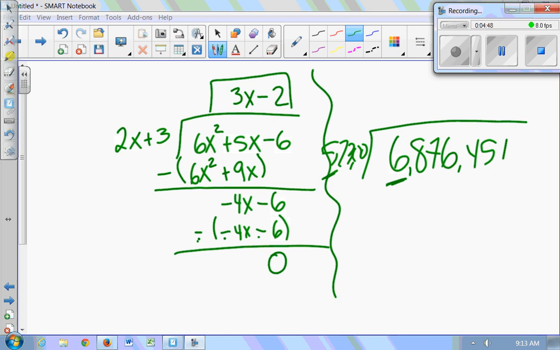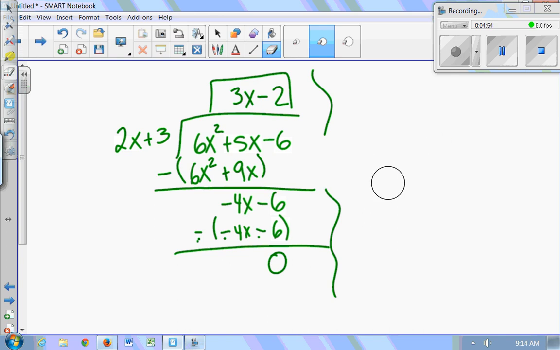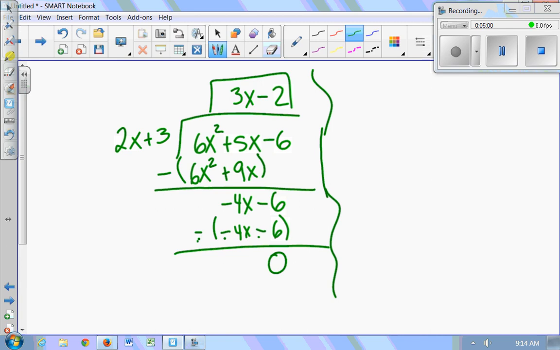So you just start with the leading place value. And in this case, with polynomials, you start with the leading term. But it's not that we're ignoring the plus 3, because I did multiply by it when I did that part.